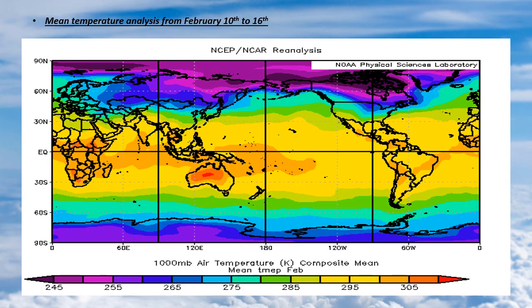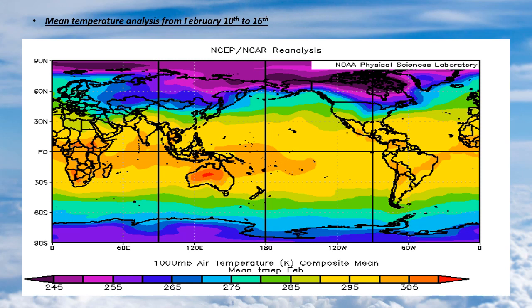This is the plot from the NCEP website. This is the mean temperature analysis plot for that particular week, the second week in February. The sun is in the southern hemisphere, but not close to the equator particularly, but somewhere in this equator to 60-degree region.